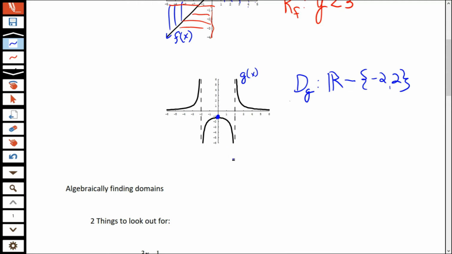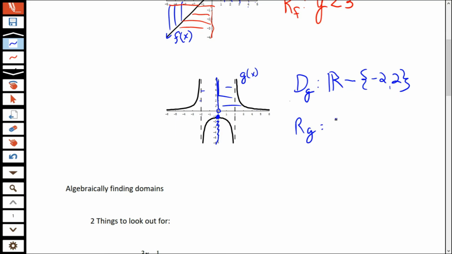Alright? And then for the range of g, we would have things greater than 0 as we push these values across and these values across. Then we would have this little empty space, and we would have things below -1.